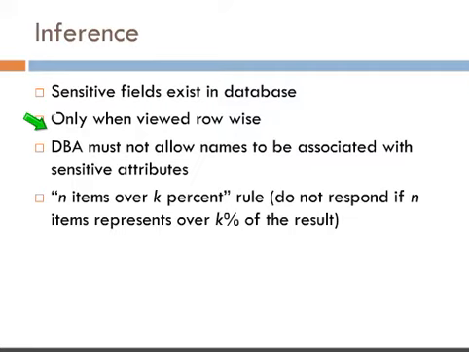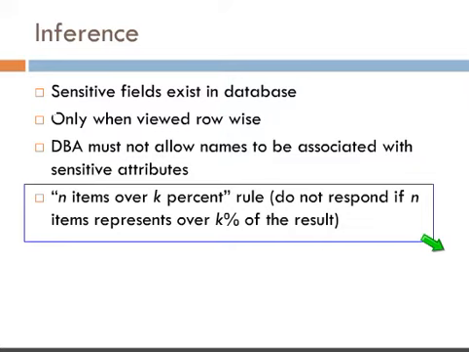It means if the user can see the information in, for example, one record, this is very sensitive, but you can have access to a statistic of data. So the database administrator, the admin of the system, must not allow, for example, names to be associated with sensitive attributes. There is a rule. This rule is applied here.